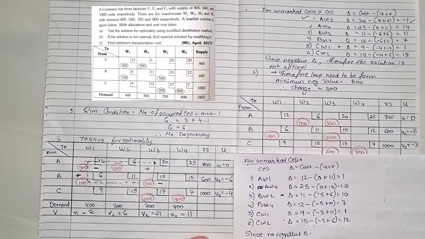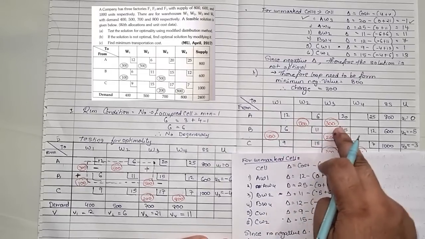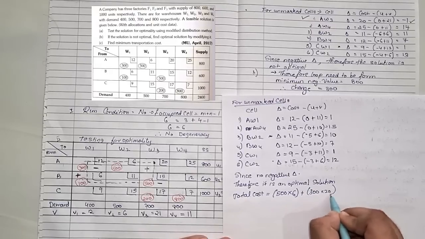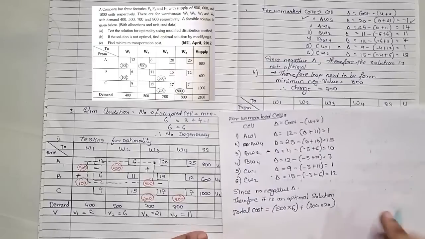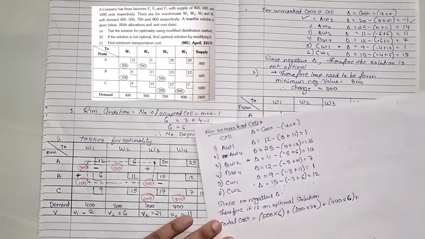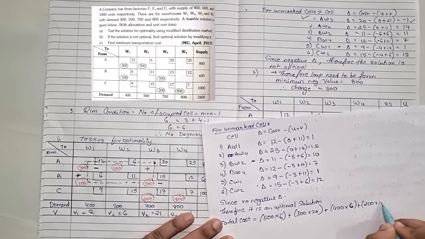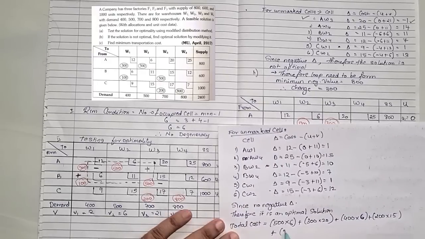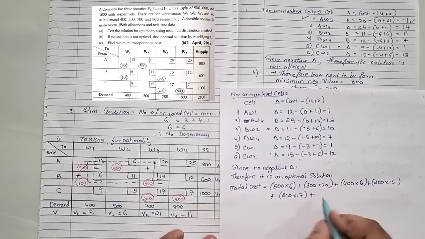So it is 500 into 6 plus 300 into 20, next 400 into 6 plus 200 into 15 plus 200 into 17, and lastly 800 into 7.